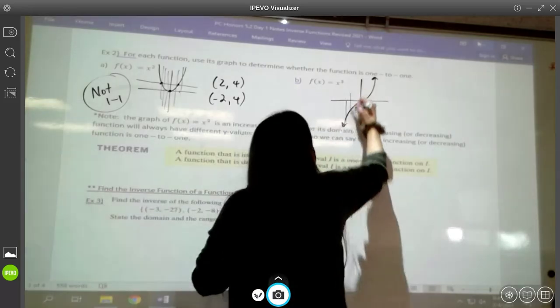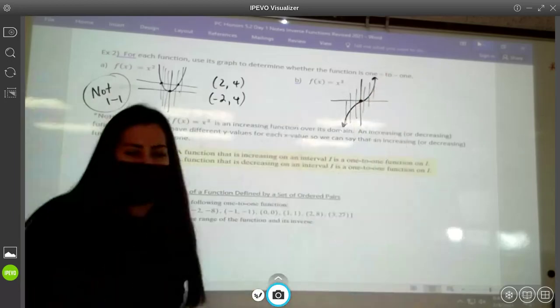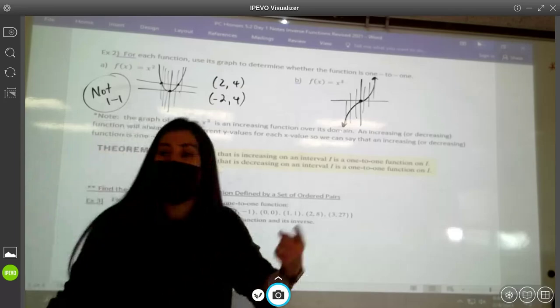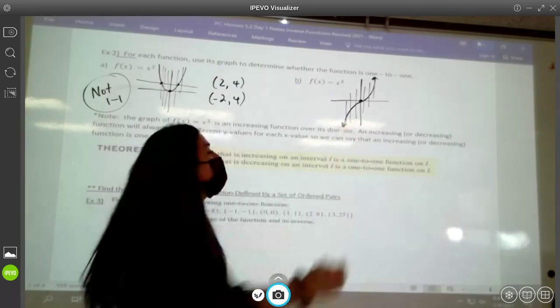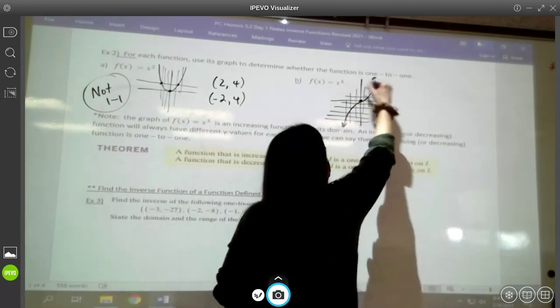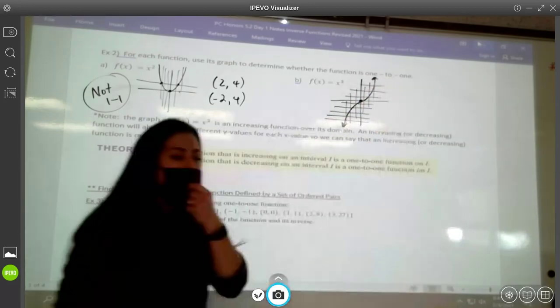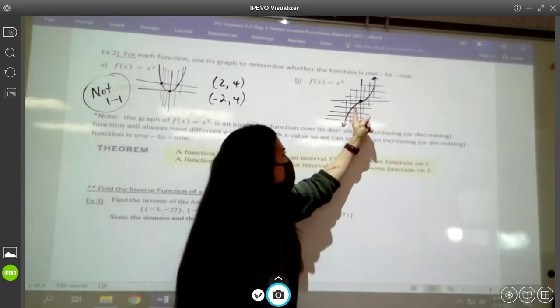Well, if I draw a vertical line, he passes it. I can draw a vertical line anywhere over this graph, and it only touches it one dot at a time. That's proving it's a function, right? The x's don't repeat. Does it pass the HLT? Because the HLT will prove that it's a one-to-one function. If I draw a horizontal line anywhere over this graph, it only touches it one dot at a time.